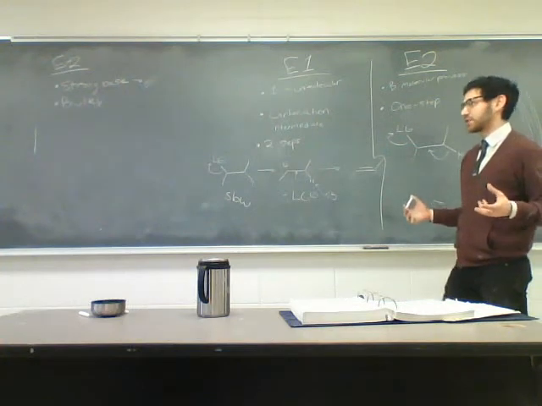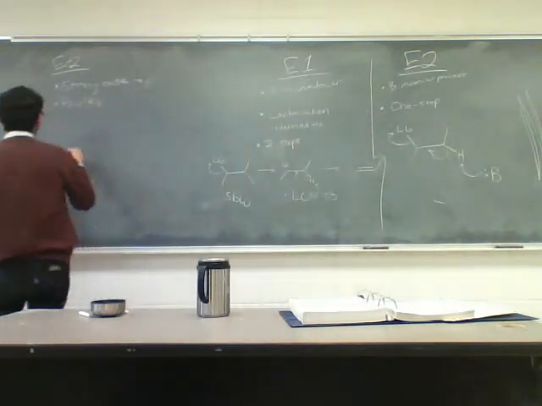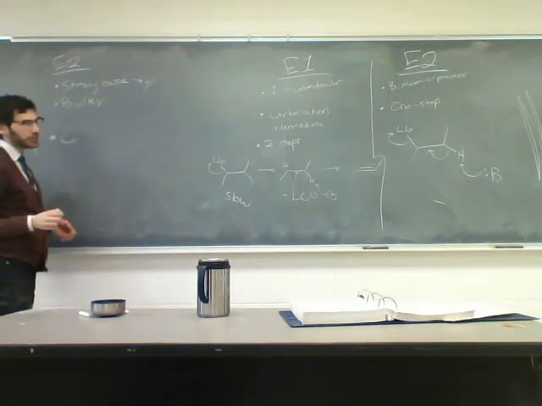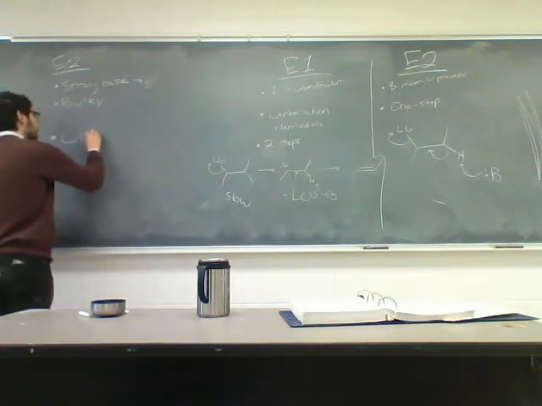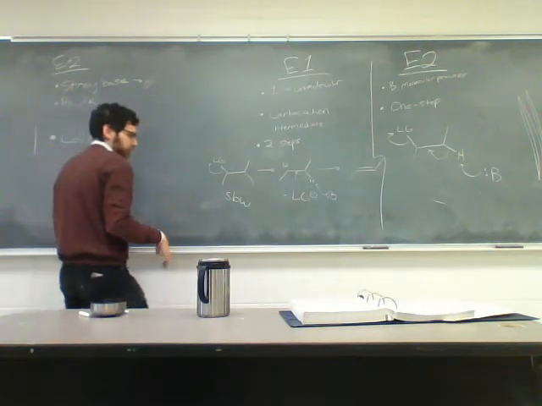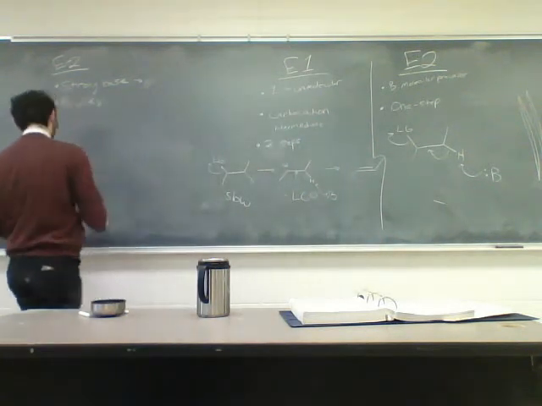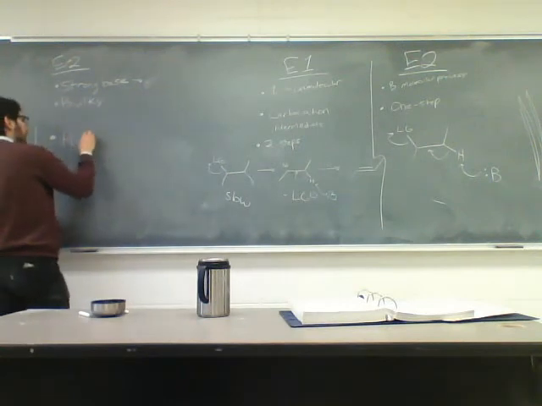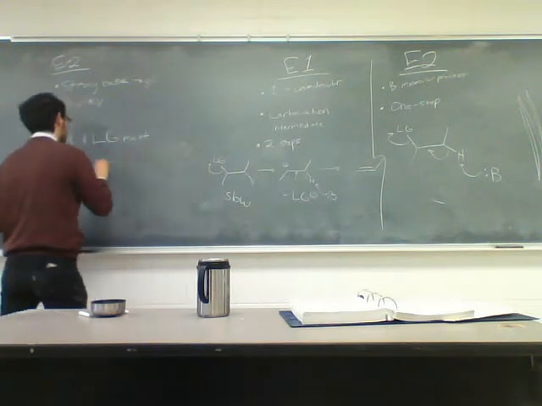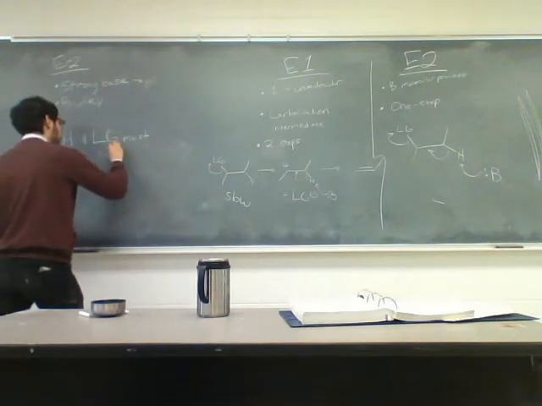So for the E2 reaction to go down, we need this really cool thing. We need, I'm going to say this right, collinear. The hydrogen and the leaving group must be collinear.